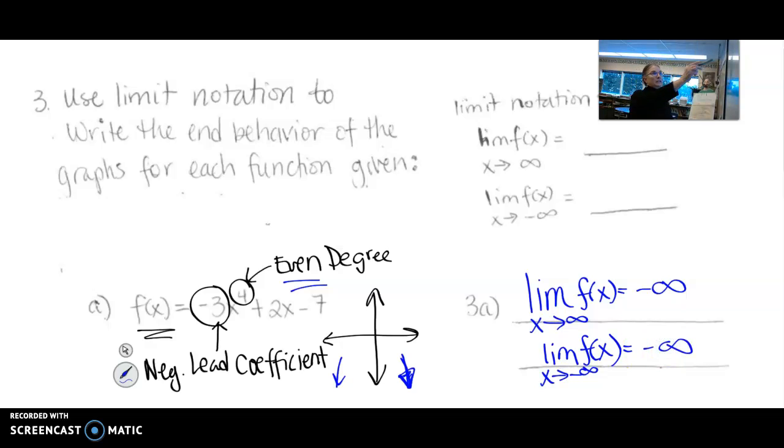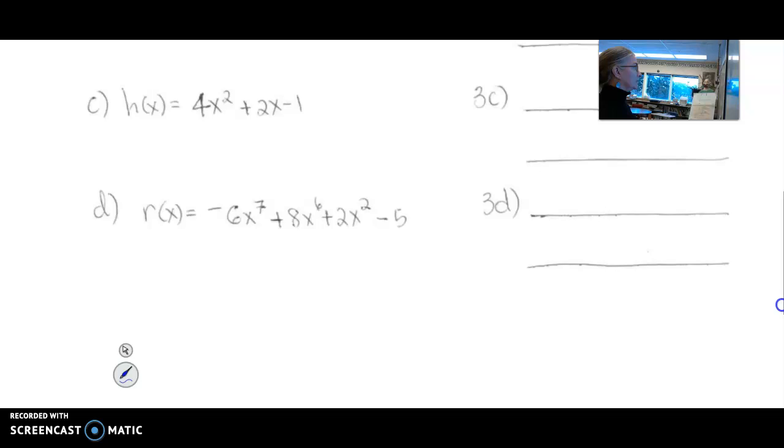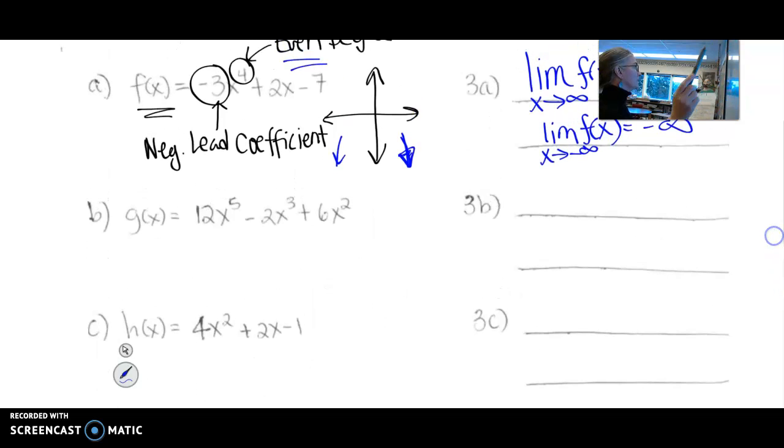So this up here is just to remind you how to write in limit notation. So do that for B through D. Look at the degree, look at the coefficient, and then determine the limit, the end behavior, and write it in limit notation.